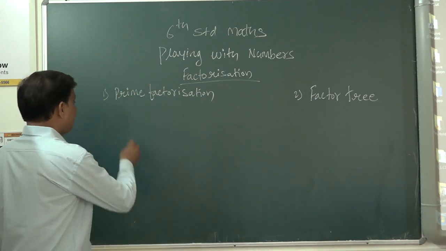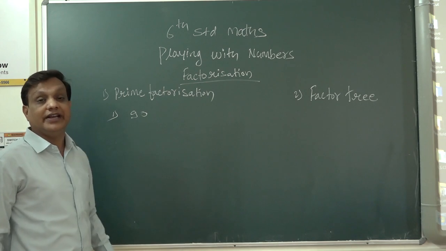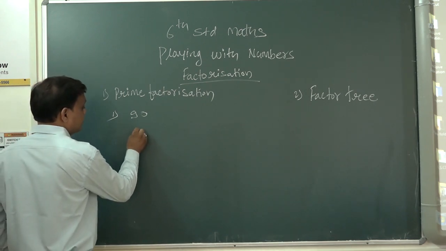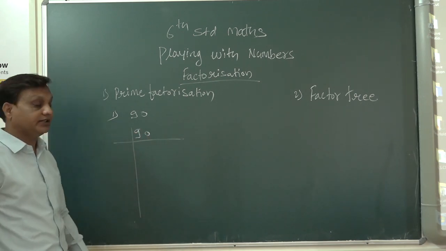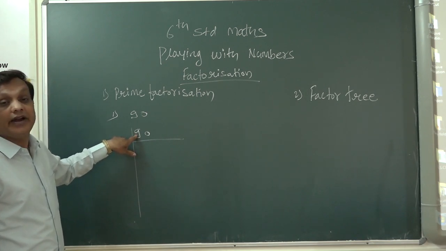Prime factorization, first question: 90. Now you have to find the prime factors of 90 by division. This is the way of finding. You have to see which number 90 is divisible by.